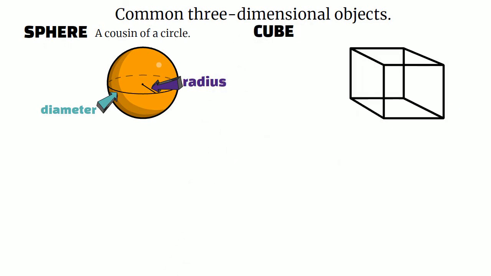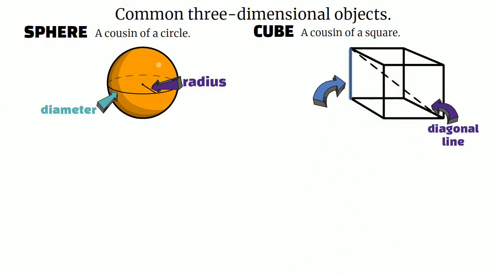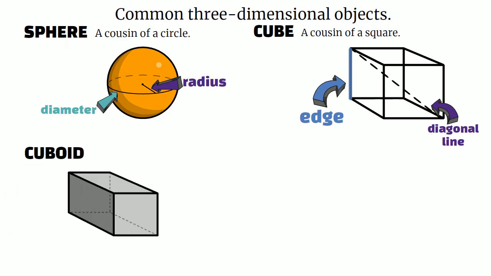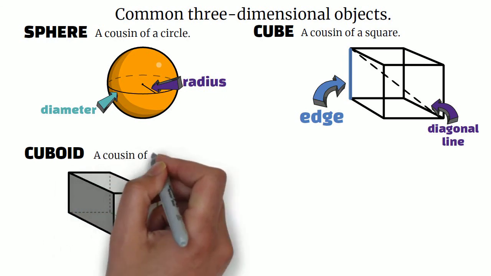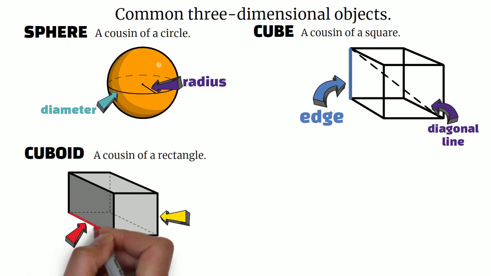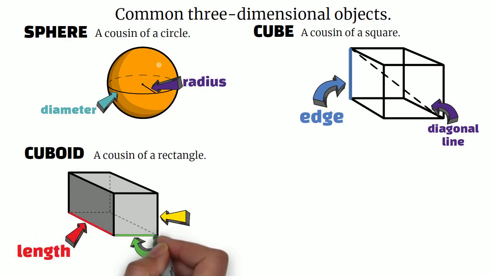A cube is a cousin of a square. Important dimensions here are the diagonal line and the edge. A cuboid, a cousin of a rectangle. The most important dimensions here are the length, width, and height.